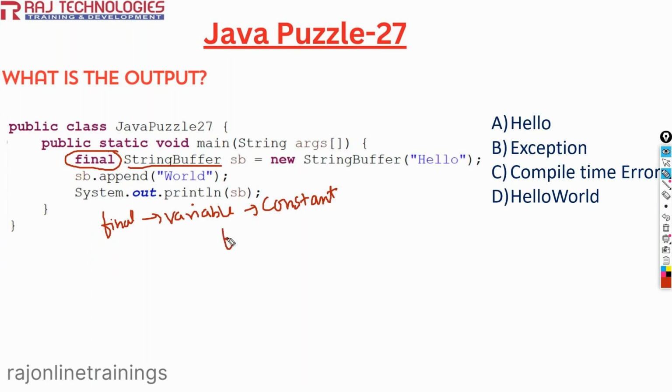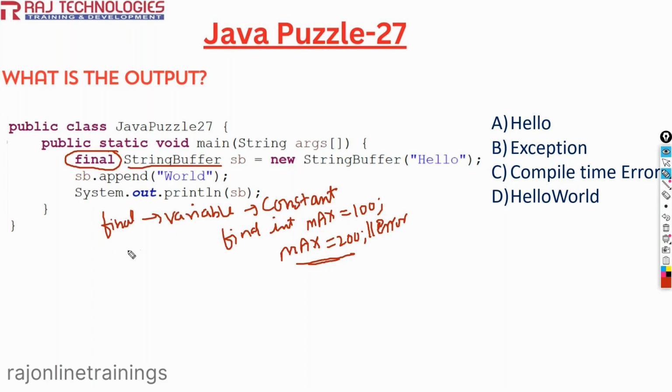For example, if you make final int max equal to 100, then if you try to change this max value, max equal to 200, then this will go with an error. So when you make a variable as final, it is like a constant. The value of the variable cannot be modified.